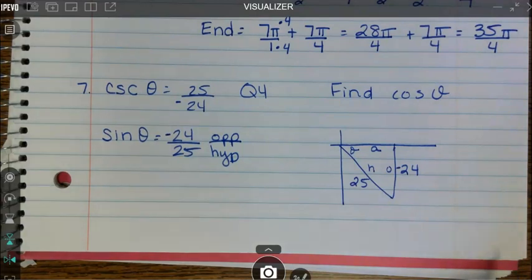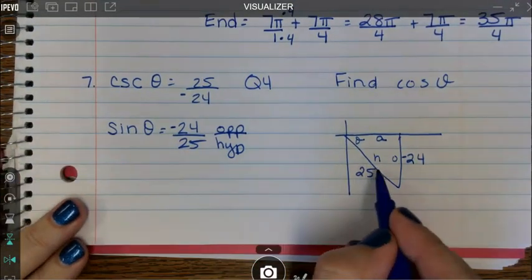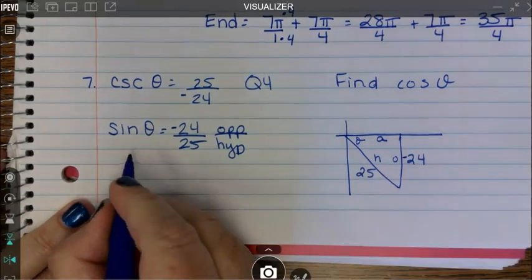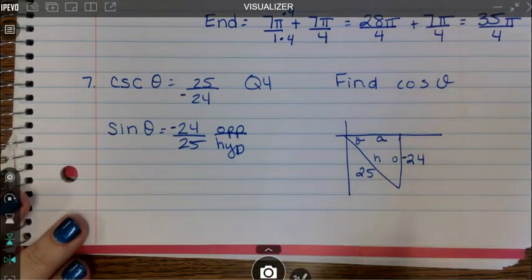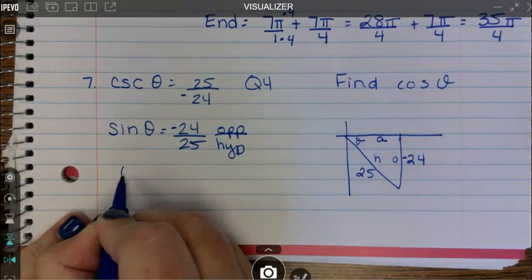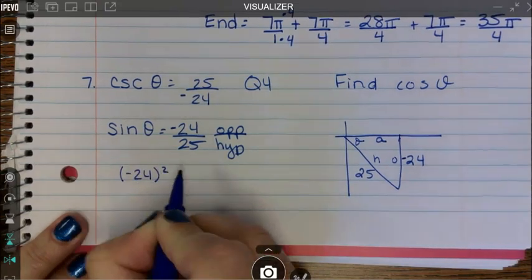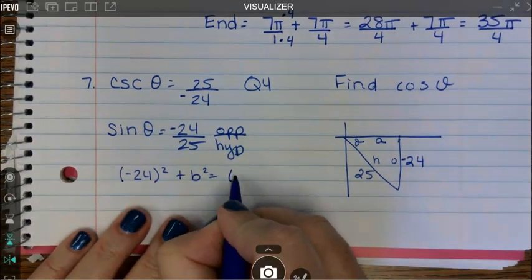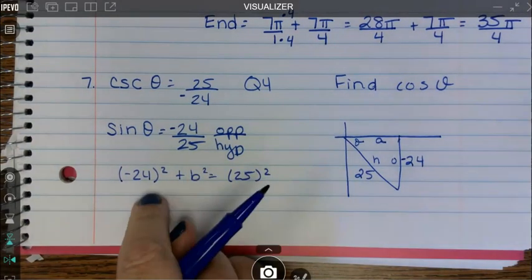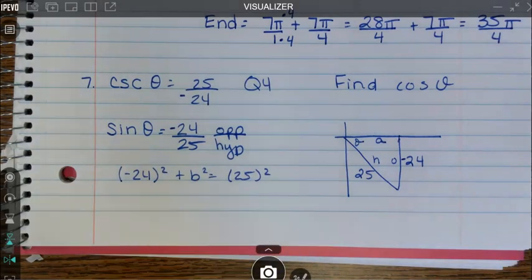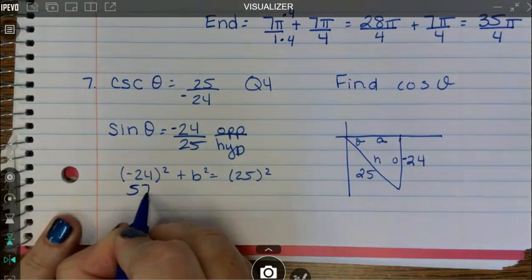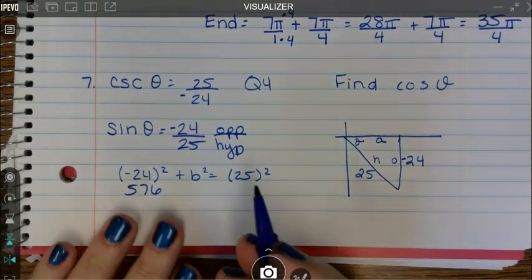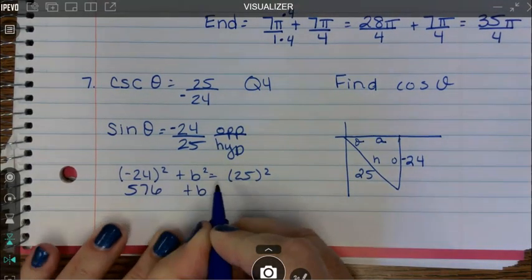Now we're going to do the Pythagorean theorem. C is our hypotenuse. So what you want to be careful with, let's see, I don't want to scrunch. So it'd be (negative 24)^2 plus b squared equals 25 squared. You want to put those parentheses around that, because if you don't, you will get a negative and you'll have major problems.